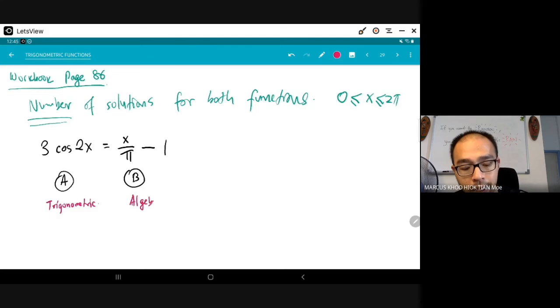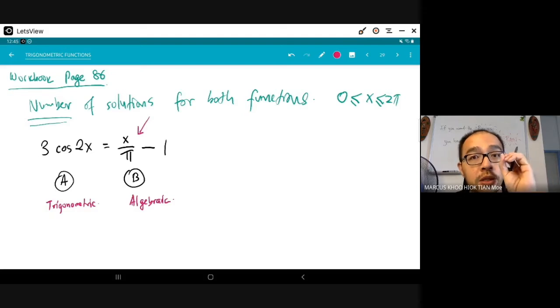We know it is trigonometric because of the word sine, cos, tangent. Even though the right side has a pi value, pi is just a number, something I have been saying since chapter 1. Pi is just a number: 22 over 7, 3.142. Because of that, B is an algebraic expression.